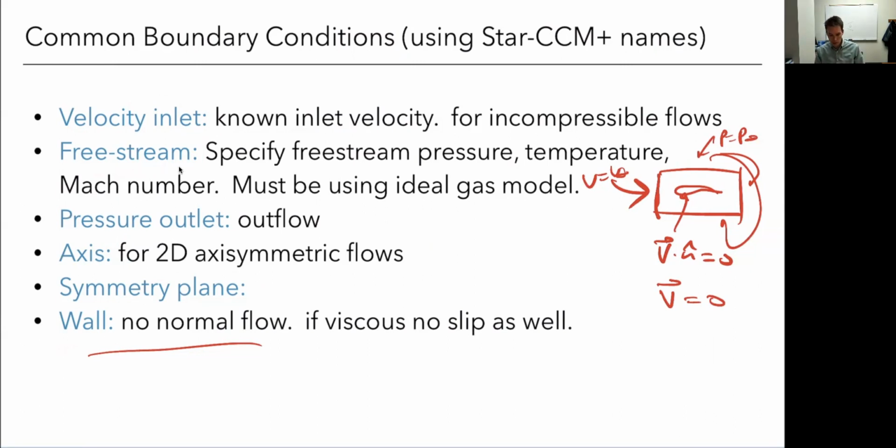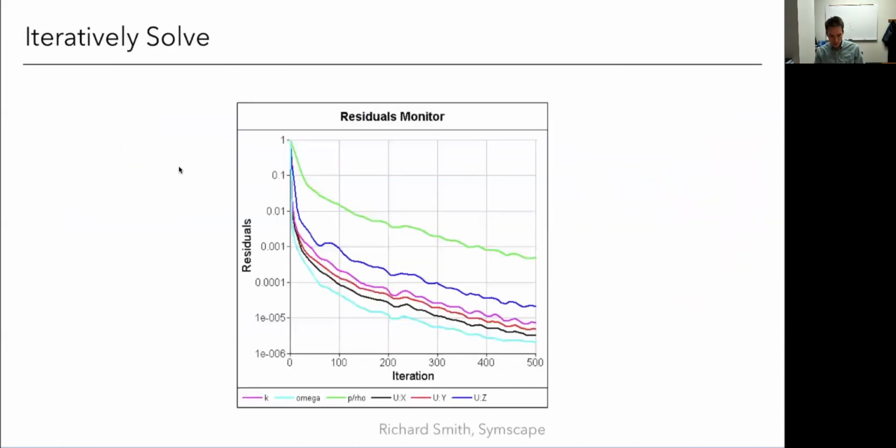Okay, so we talked about how this is an iterative thing. So one thing you want to monitor or look at is these residuals. Residual means, let's say I have my mass equation. I'll just write it again, d rho u dx plus d rho v dy equals 0. I'm just saying 2D here. My residual is, I have these governing equations, and at any given iteration, they're not right.